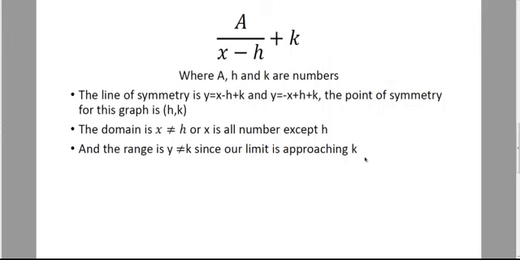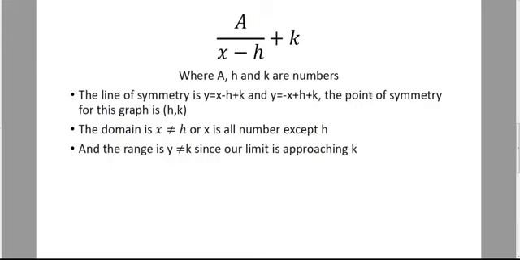The next example we'll look at is a over x minus h plus k, where a, h, and k are numbers. In this example, our h is going to move our graph left and right, very much like our quadratics, and our k will move it up and down. Our lines of symmetry are y equals x minus h plus k, and y equals negative x plus h plus k.